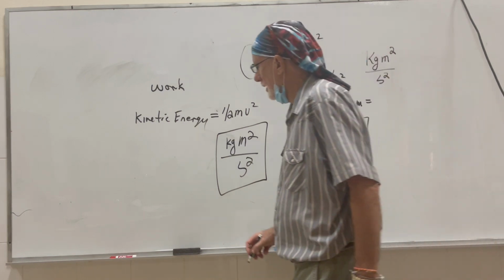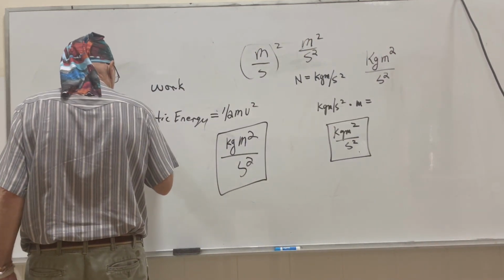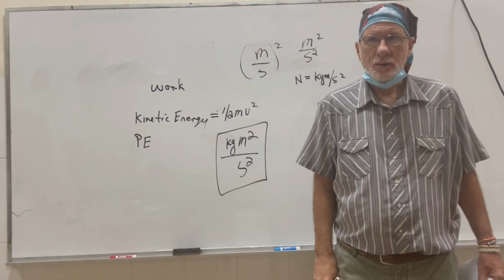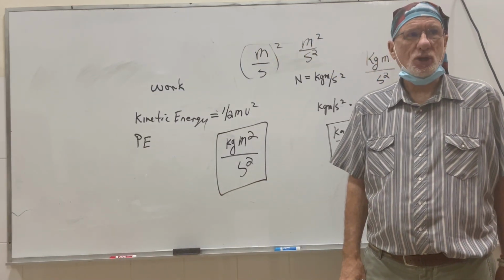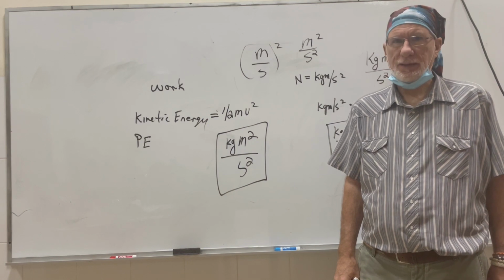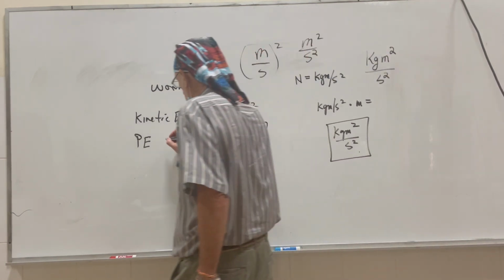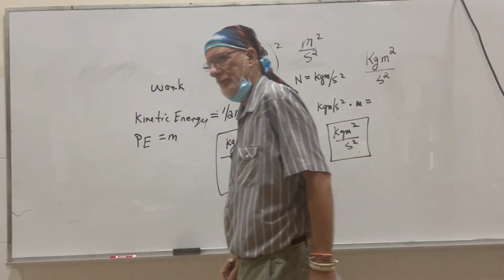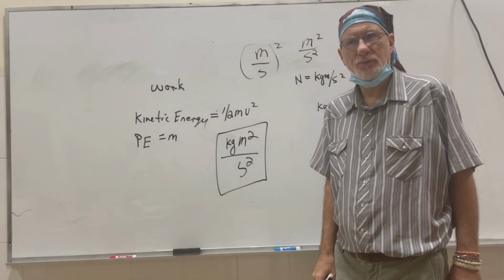One more thing. Let's look at potential energy. Let's look at potential energy. Correct? Potential energy equation is mgh. What's the unit label for potential energy?